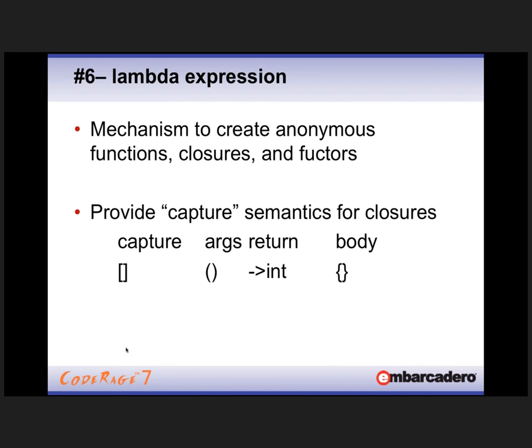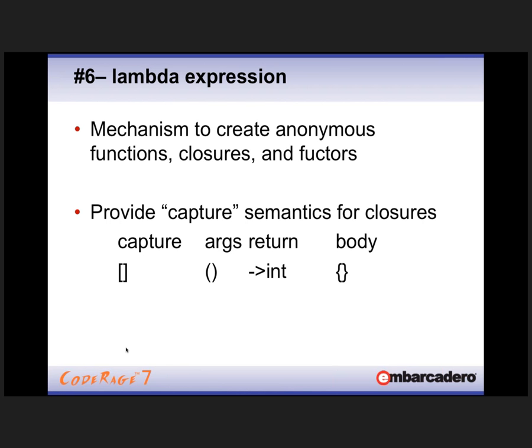Probably one of the cooler, at least syntax-wise, features of C++11 is the lambda expression, and lambdas have been around for a long time in calculus and in other languages as well. And again, some of these features have been alive and well in Boost for many years, but it's basically a mechanism to create anonymous functions, closures, functors, those kinds of things.